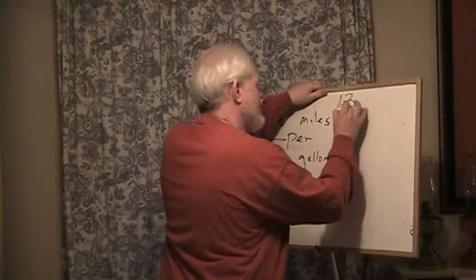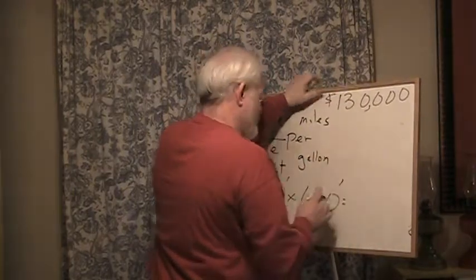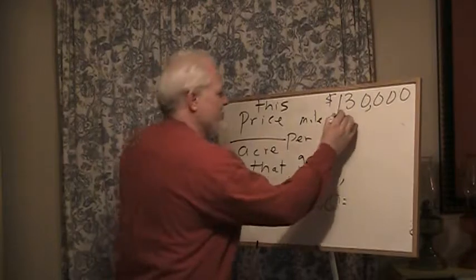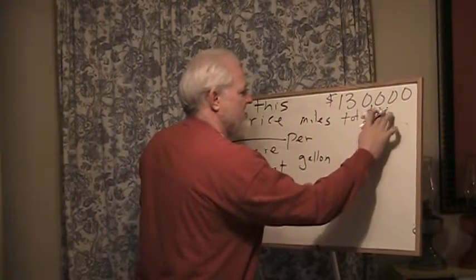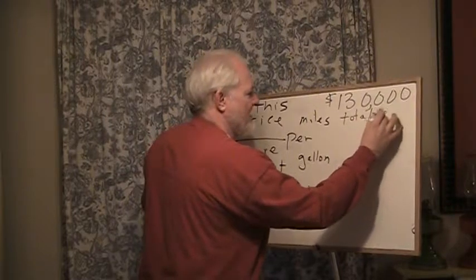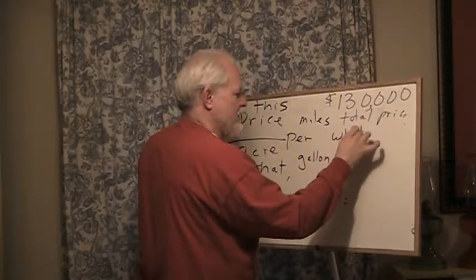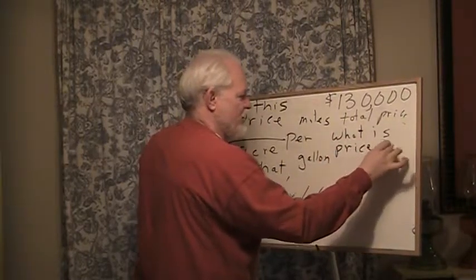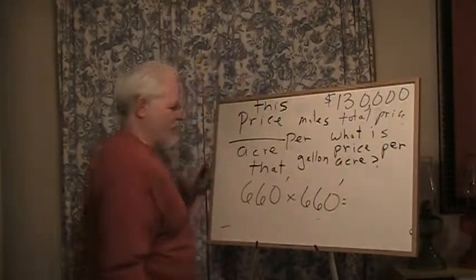So we're going to buy this piece of empty land, 660 by 660, for $130,000. This is the total price. And so the question is, what's the price per acre?